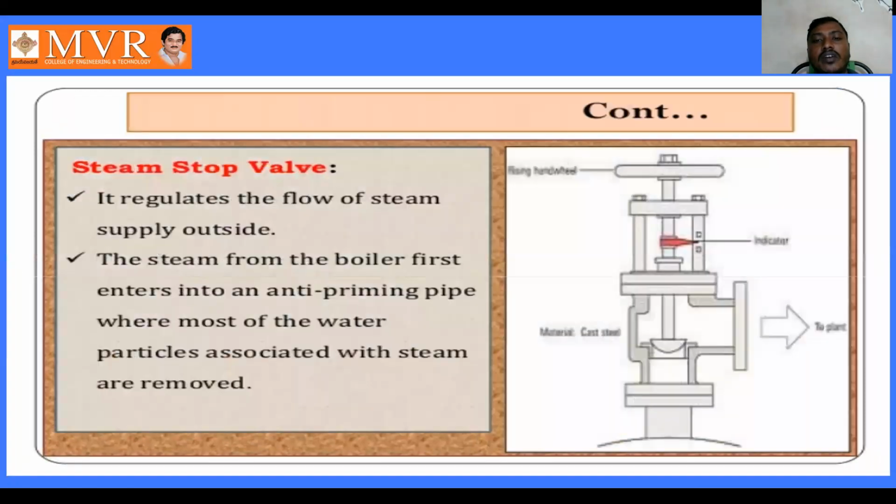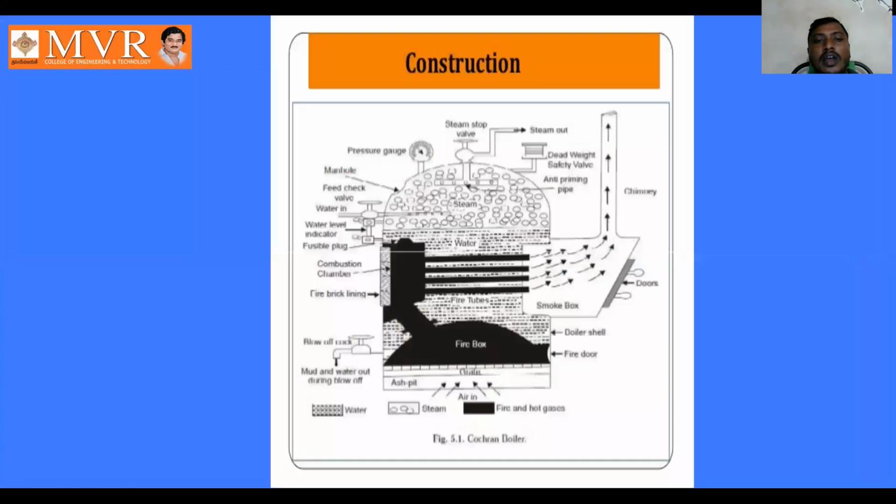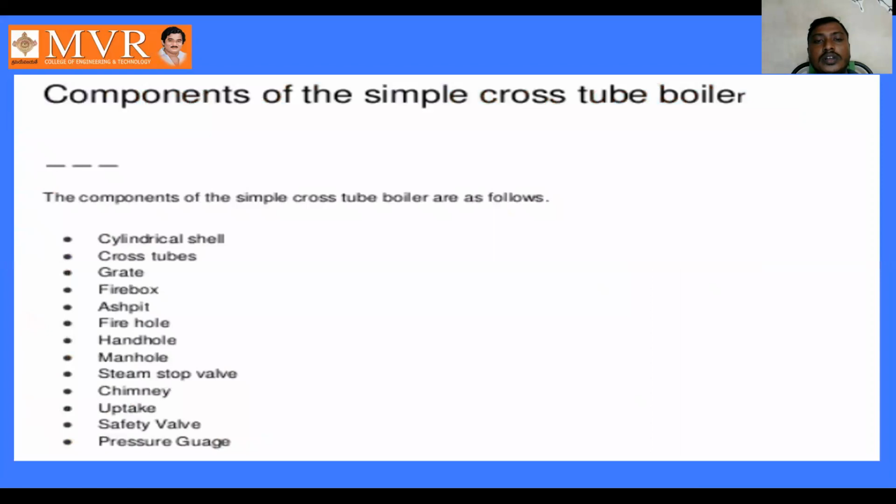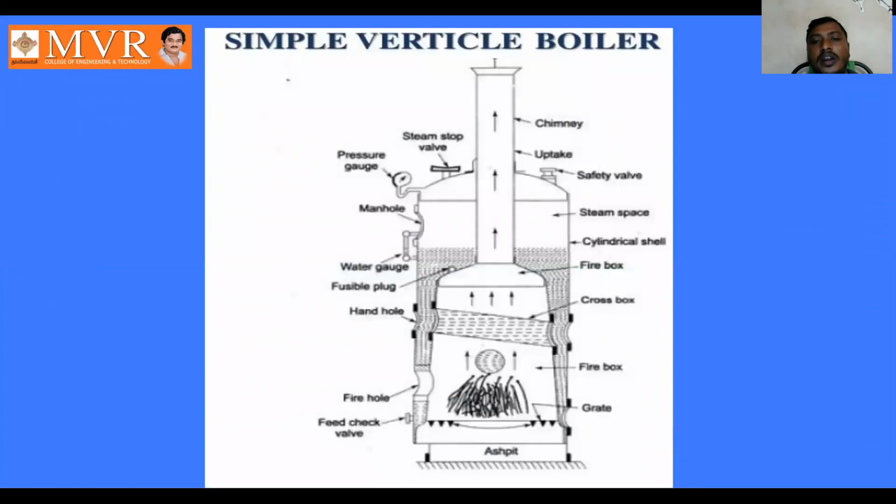This is what we have studied in this video about the construction and working principles of both the simple vertical boiler as well as the Cochran boiler. Coming to the simple vertical boiler, how does it work? Observe here that combustion takes place upon the grate in the firebox, and through this fire hole we feed coal into the combustion chamber.